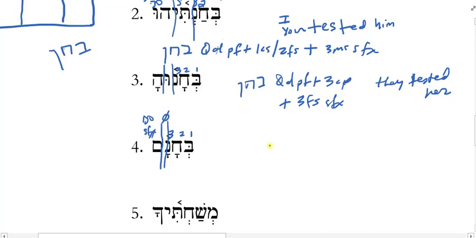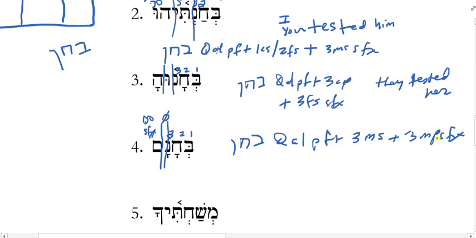Okay? So, parsing that, bahan, cal, perfect, person, gender, number of the subject is, with 0 ending, 3MS, pronoun, is 3MP. Okay? So, my subject is a 3MS, my direct object is a 3MP. How would I translate that? He tested them. Okay? You see how this works?